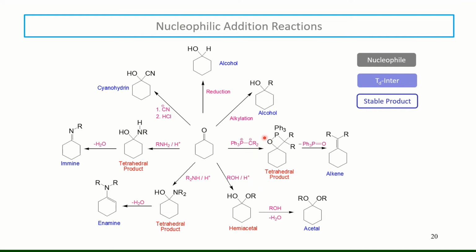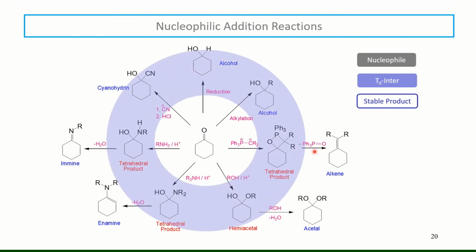Wittig, and we have an interesting species called an ylide that we will use. Again, the species that we have is unstable, and so we literally collapse to form an alkene. So the fate of these tetrahedral intermediates, yeah, is the key to these nucleophilic addition reactions.